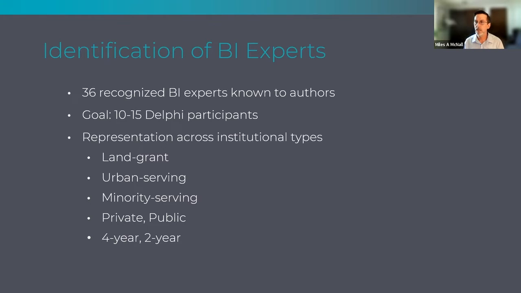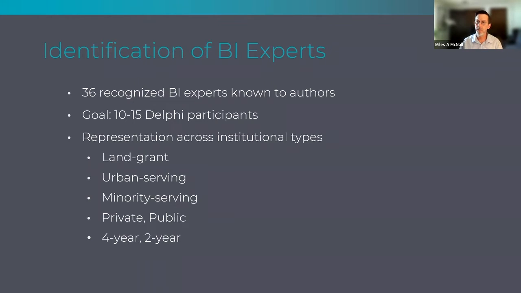We also engaged in some purposive sampling to try to get representation across the different institutional types you see here on the screen. Unfortunately, that did not work because nearly everyone who ended up responding was from a public land grant four-year institution. So that goal was not achieved.